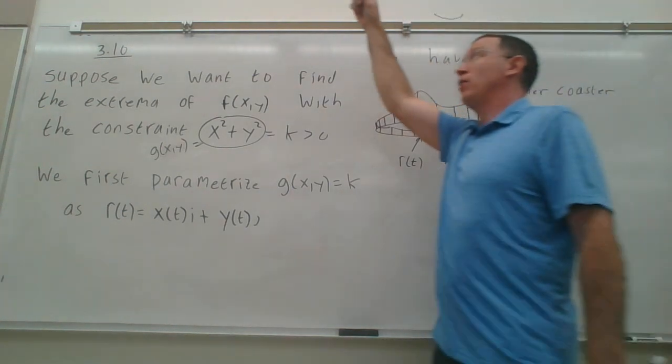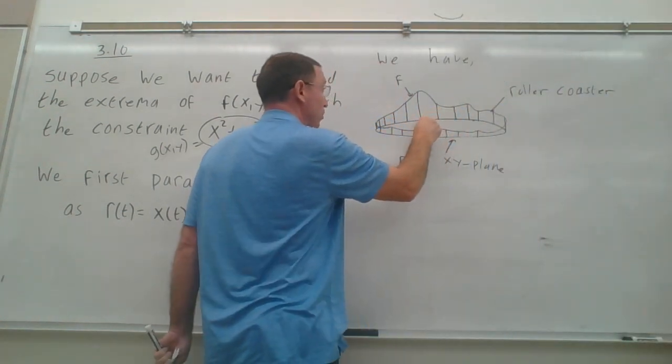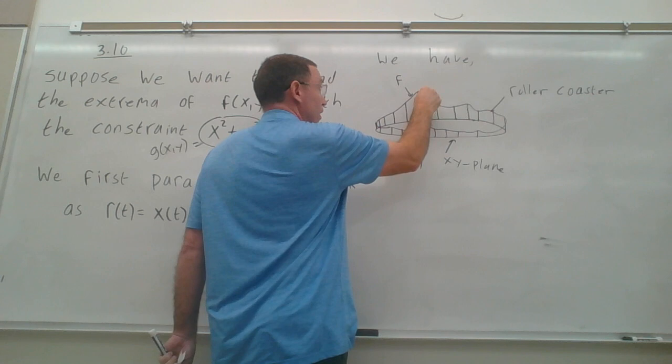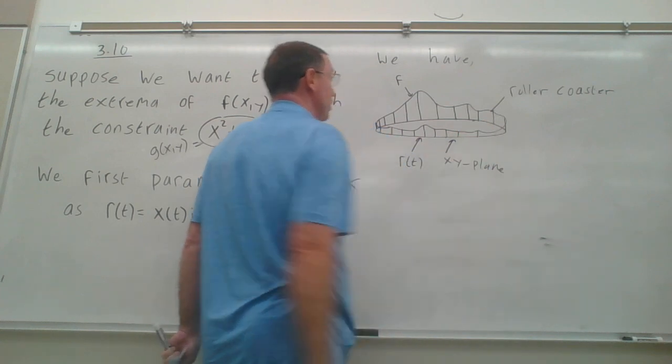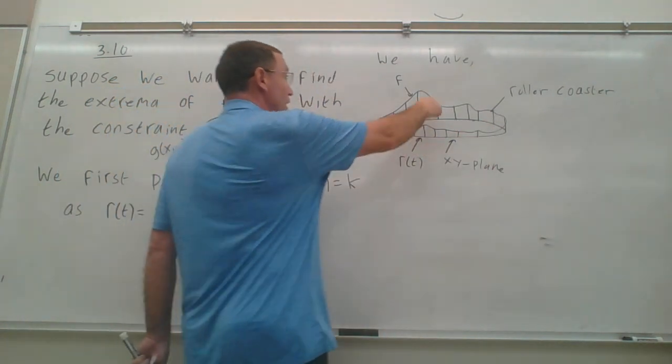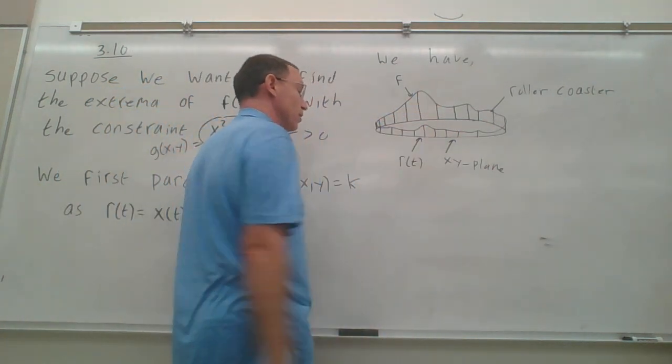As you walk around, when you get to this point, you see the highest point on the surface, and then it goes down, and back around, and up, and down again. So we're trying to find the high points and the low points.